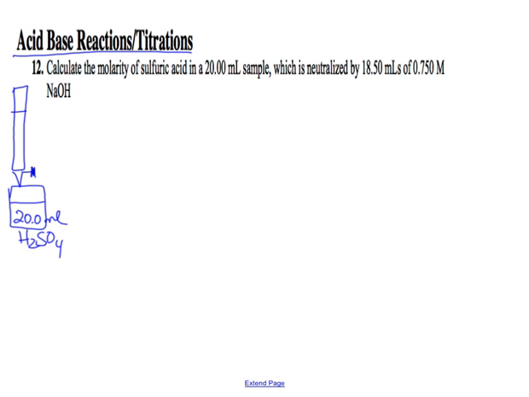So it is being neutralized by 18.50 mL of 0.750 molar NaOH. So that's what the titration setup is. Whoever did this titration, they didn't know that 18.5 mL until they did the titration. Maybe they had phenolphthalein in there, maybe they had a pH probe, but something made them stop the titration at 18.5.